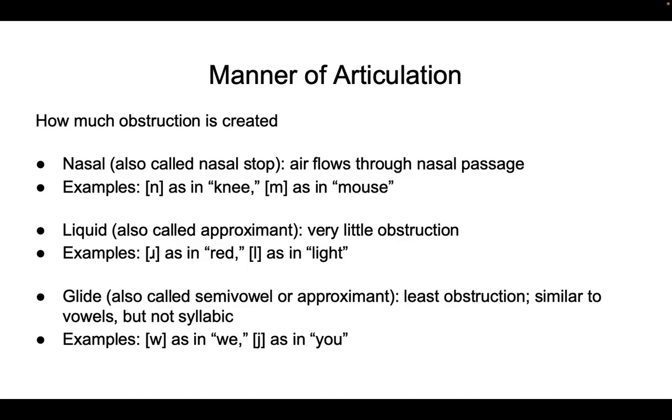Glides, which are also called semivowels, have the least obstruction of any consonants. These are very similar to vowels, except that they are not syllabic. Examples: w as in we, y as in you.